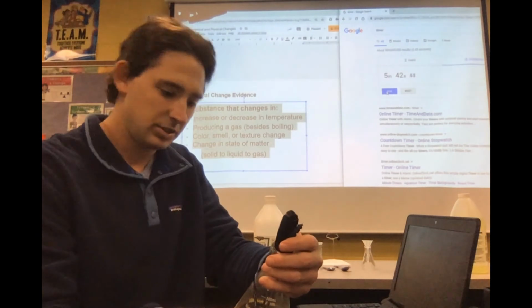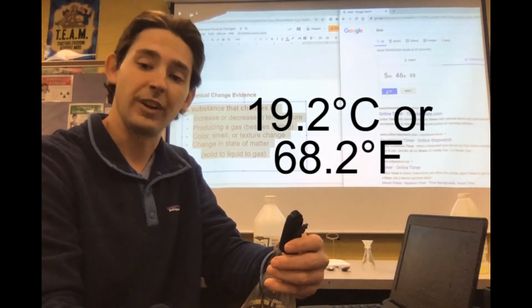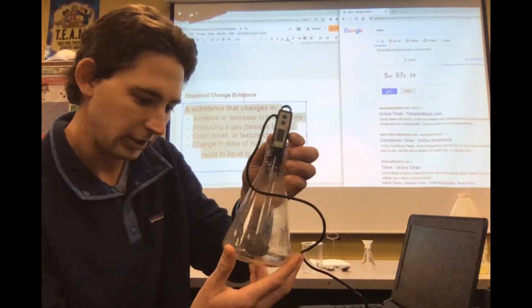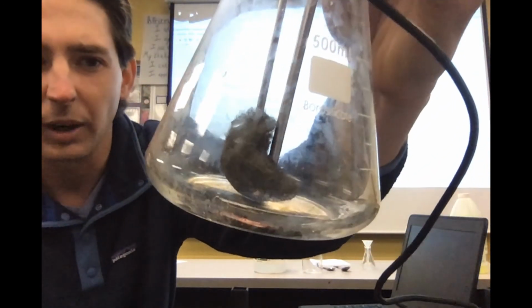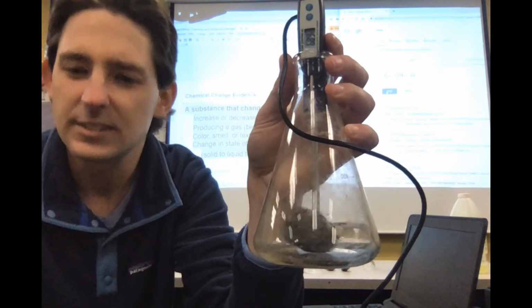19.2 degrees Celsius, 68.1 degrees Fahrenheit. The discoloration of the wool is definitely taking place. Not sure if you can see that too much. You can see some condensation around here, like steam coming off.